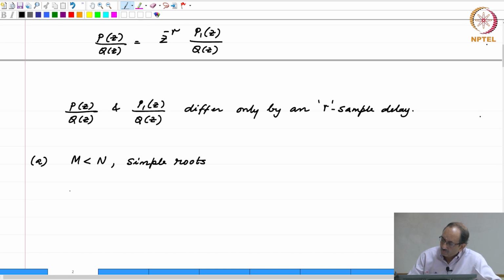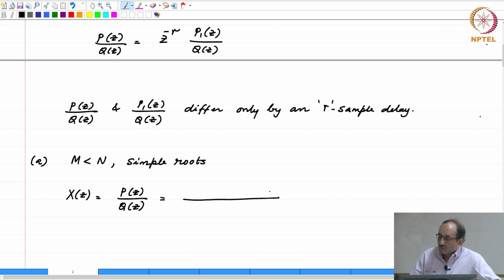Therefore, X of z, which is of the form P of z over Q of z, the very first thing you need to do when you do partial fraction expansion is factor the denominator. Yes, question. Simple root means each root has power 1.